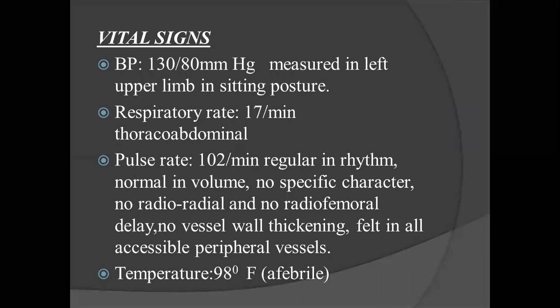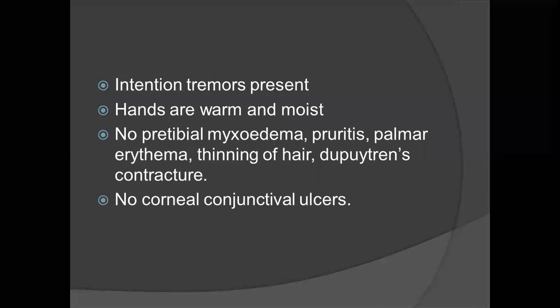Okay, right. In general examination, what else do you look for? Intention tremor. What is intention tremor? Tremors at the hands and fingers. Okay, you don't see intention tremors in hyperthyroidism. Where do you see intention tremors? Parkinson?